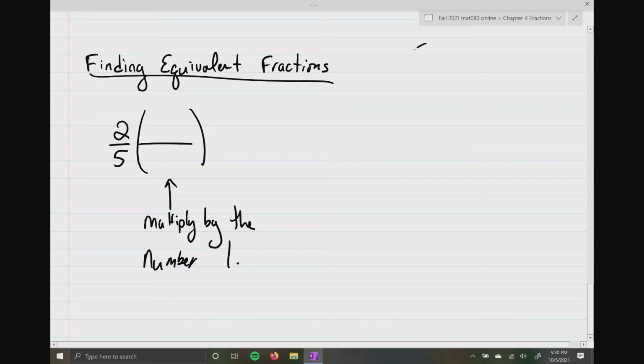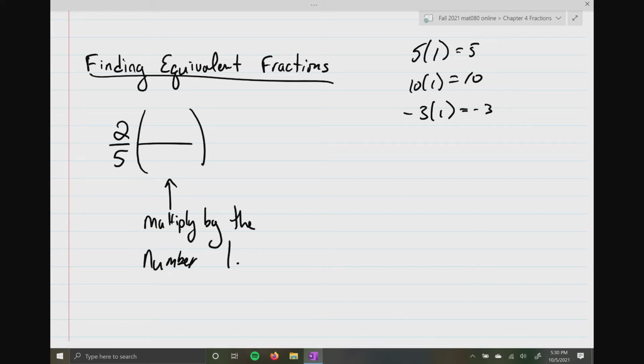Like 5 times 1 is 5, 10 times 1 is 10, -3 times 1 is still -3. Notice that they're equivalent, meaning the left and right-hand sides are all equal to each other.